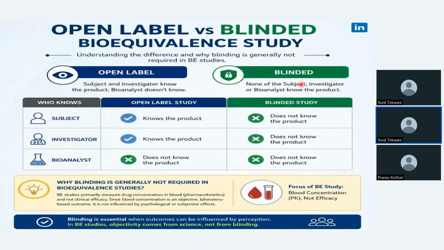But Health Canada says the BE study should also be blinded. So if you go through Health Canada's guidance, although there is no placebo effect, still Health Canada recommends doing a blinded study. All other authorities, US, EU, Australia, or any other authorities accept open label studies.